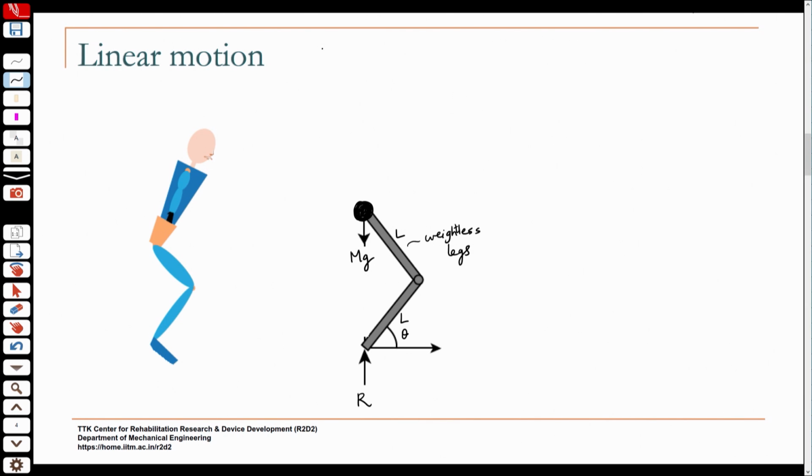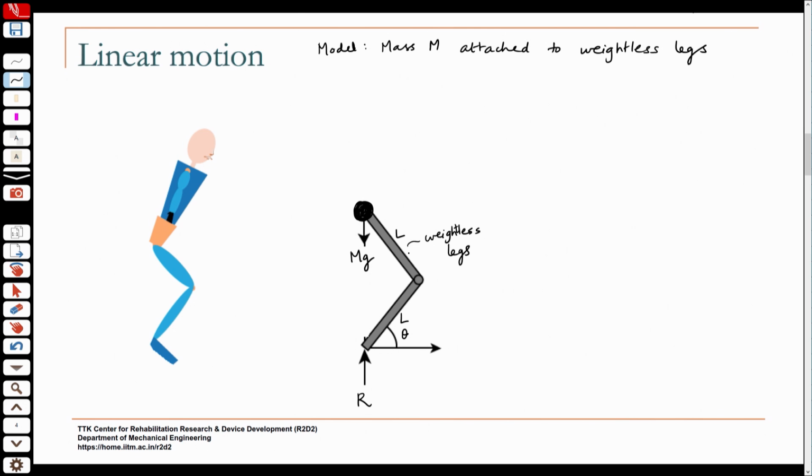So, I am modeling it. The model has a mass m attached to weightless legs, and there have to be muscles and tendons that are controlling the system, otherwise it would just collapse.